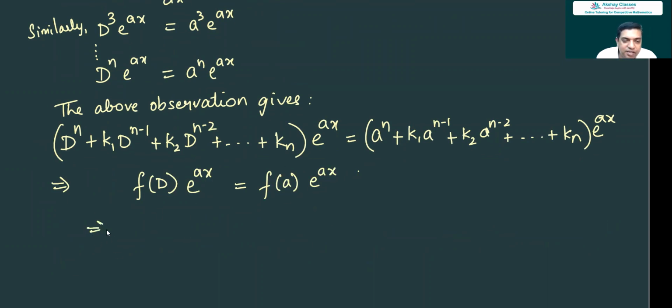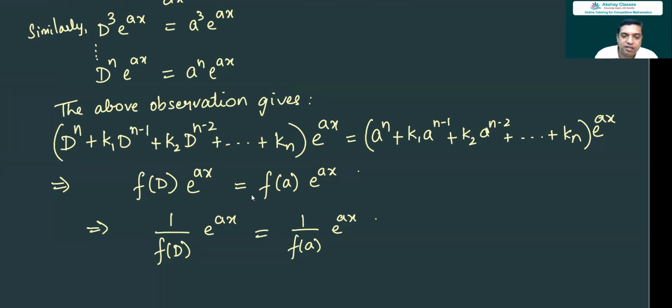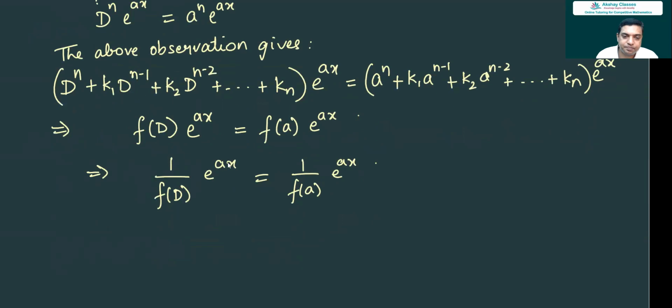Bring this to this side and bring that to this side. We will get that 1 by f of d times e power ax is equal to 1 by f of a e power ax. Actually, if you do an inverse operator, you will get e power ax is equal to 1 by f of d e power ax. So we can show this in one step.